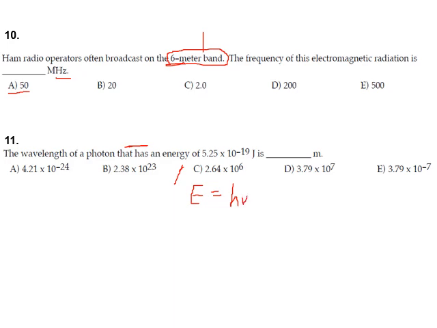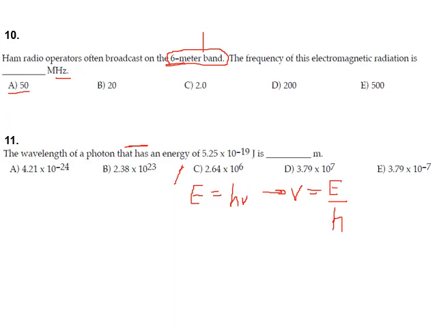So let's rewrite this: nu equals E over h, where h is Planck's constant. Then we'll just substitute in. Planck's constant h is 6.62 E minus 34, and that's in joules times seconds. I keep saying joules per second, but it's joules times second, because I'm trying to write and talk at the same time.